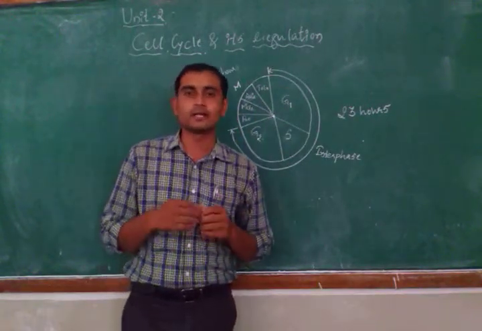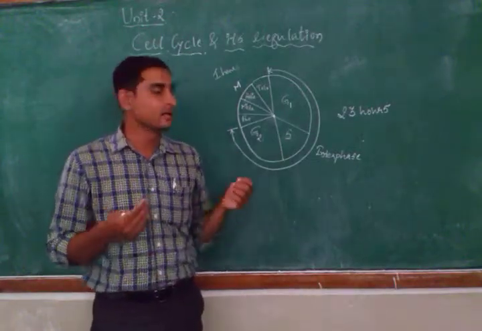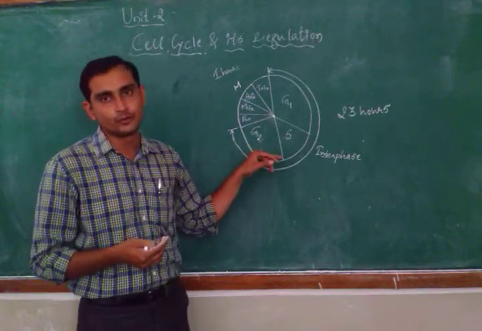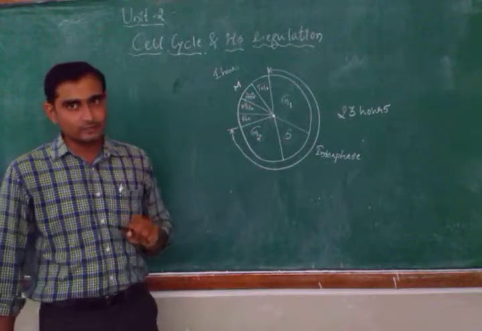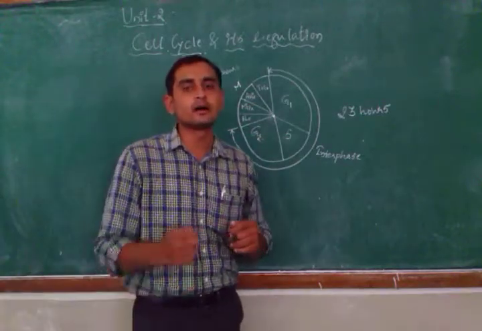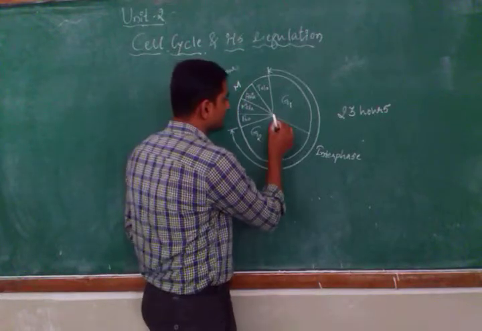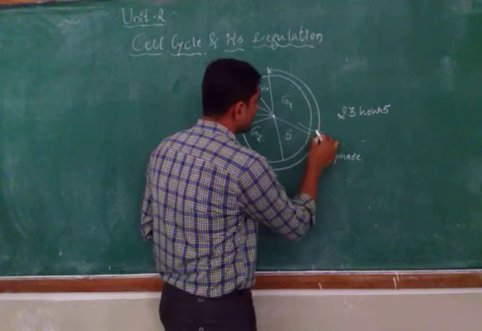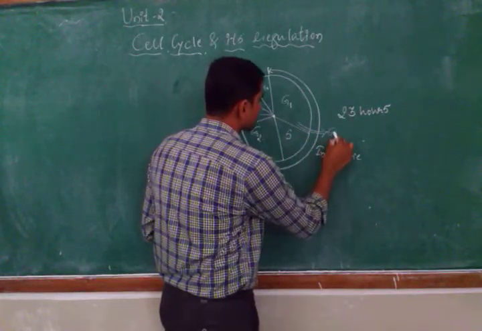The proteins and other materials required in the M phase are synthesized in the G2 phase. That's why it is called gap 2. In some cells, you get one more additional subphase of interphase, which is G0 phase.